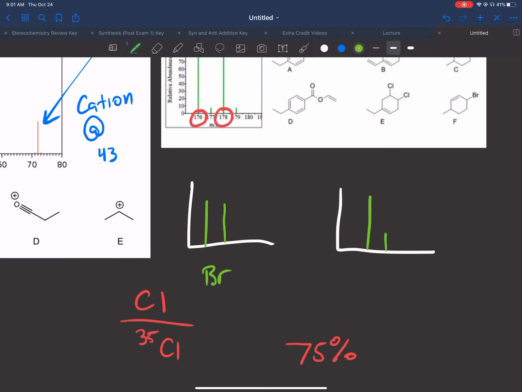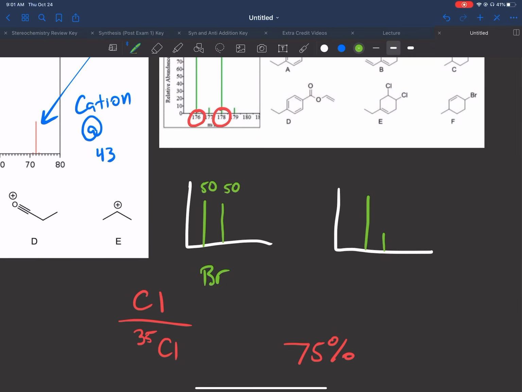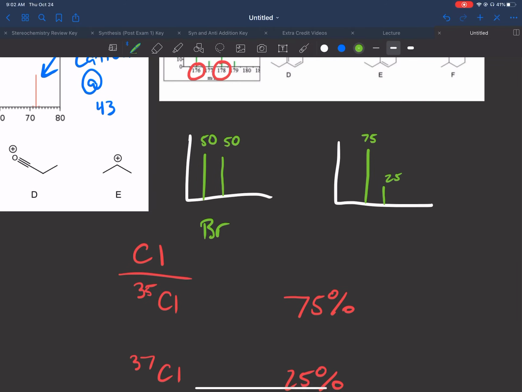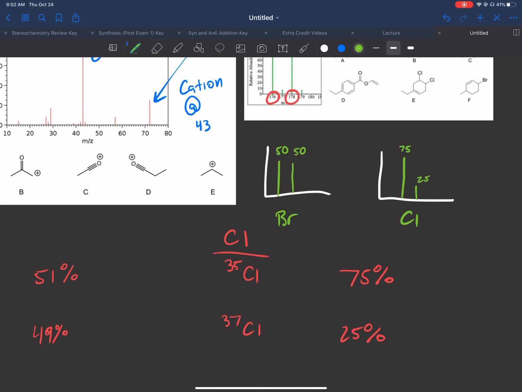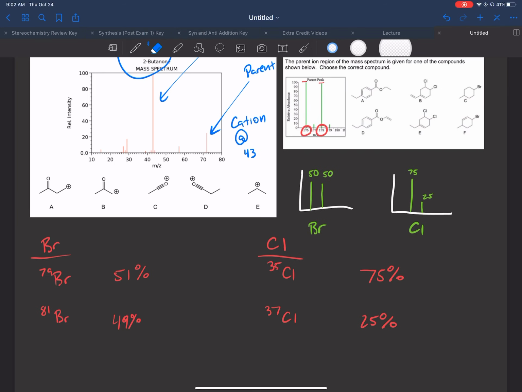So this is 50, 50. This is 75, 25. Okay, you have a 1-to-3 ratio for chlorine, 1-to-1 ratio for bromine. So please watch out for those isotopes. There's a very good chance if they ask you a mass spec question, it's going to be something like one of these isotopes, and that's going to give you a hint.